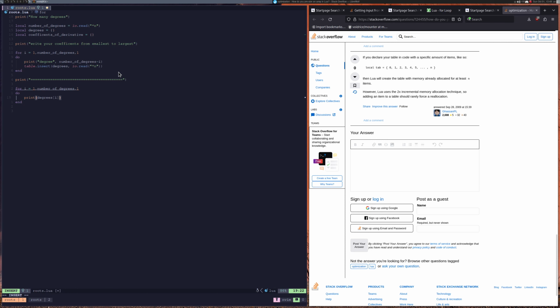Let's just do it the same as print degrees. So it should start at 1. Alright, so the first degree is 5. So if we're doing this right.